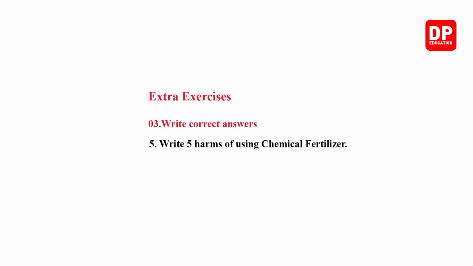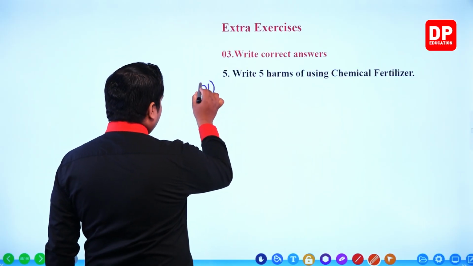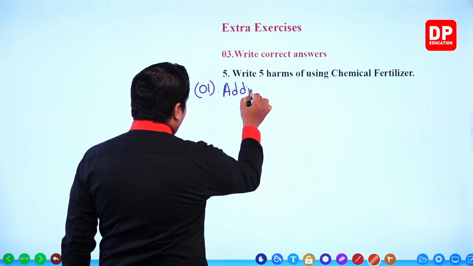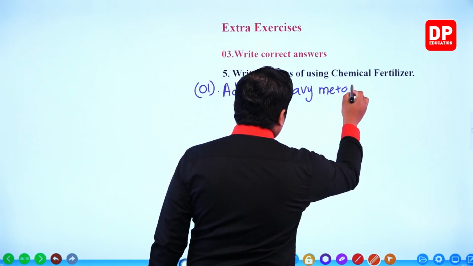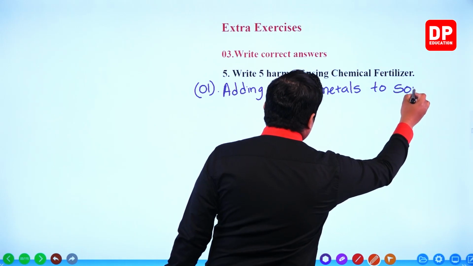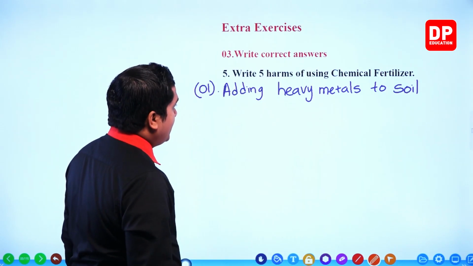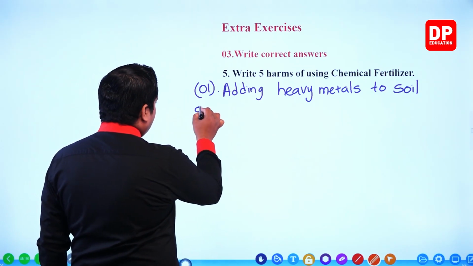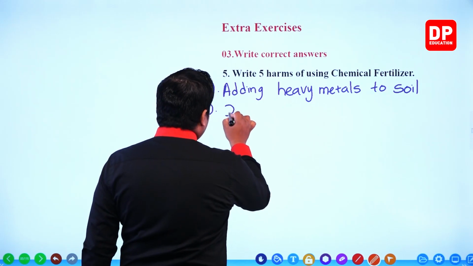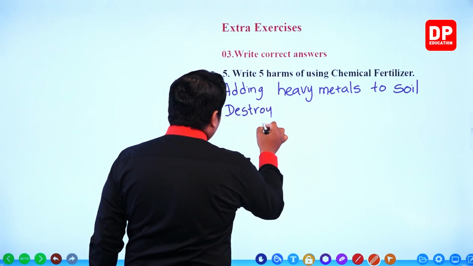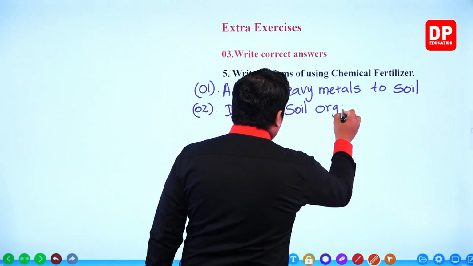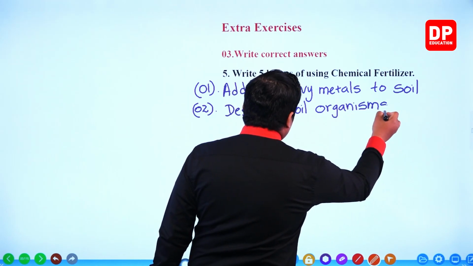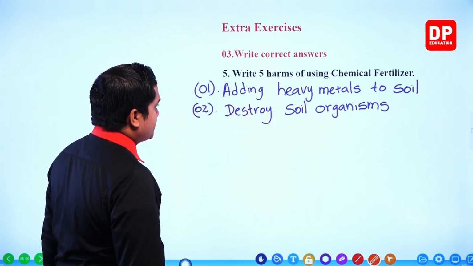Write 5 harms of using chemical fertilizer. Number 1, adding heavy metals to soil. Number 2, destroy soil organisms.